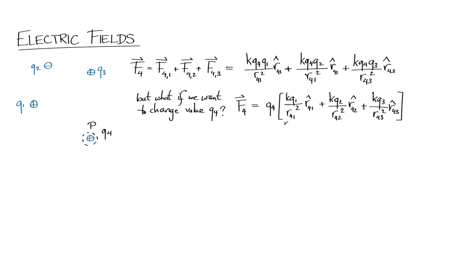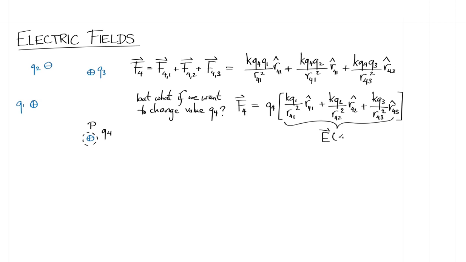So basically, what we'll call this stuff here, and you'll notice this is a vector because we've got these r hats for the different vector pairs here, basically, this is just the electric field.